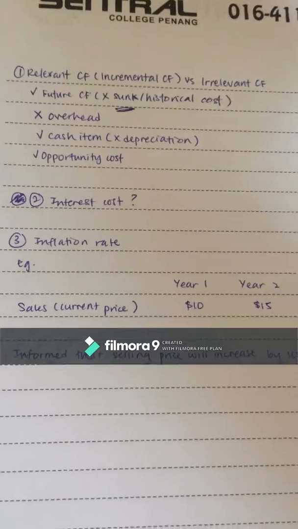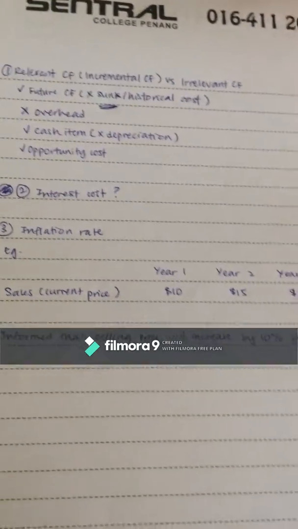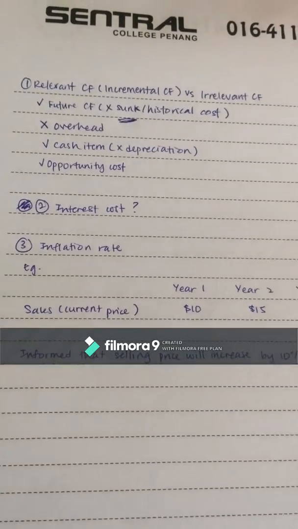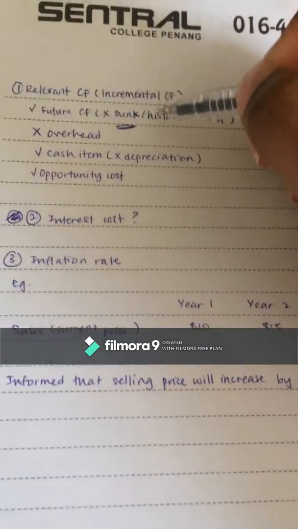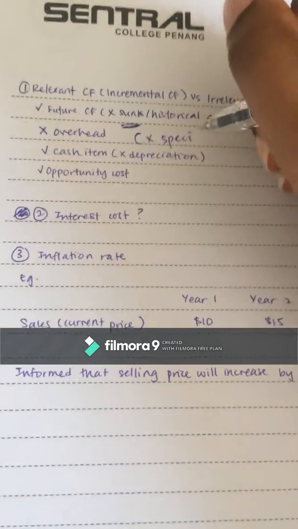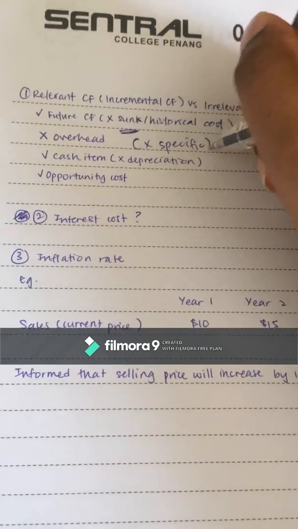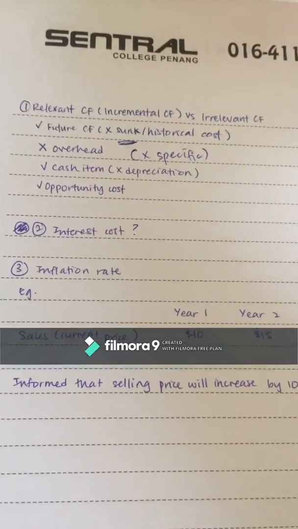Regardless whether you choose to invest in this project or not, that overhead cost can be allocated to other projects or other products. So overhead is not to be included because it is not specific to this investment, so hence it is not a relevant cash flow.